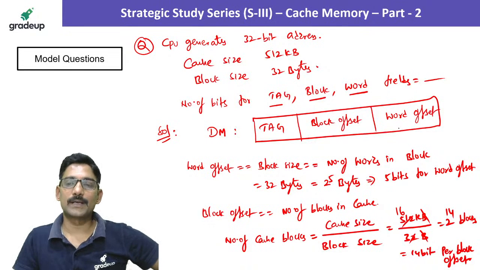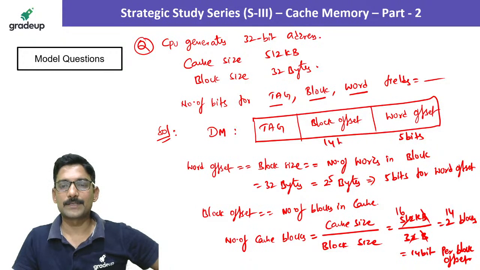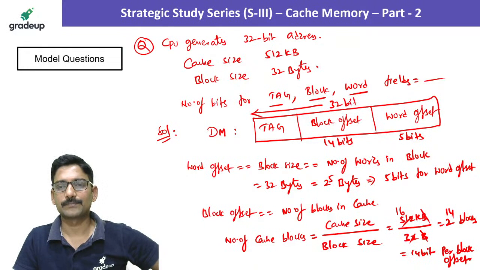So how many remained? If here 5 bits, here 14 bits, how many remained when the total address is of 32 bits? 32 minus 19, 13 bits.